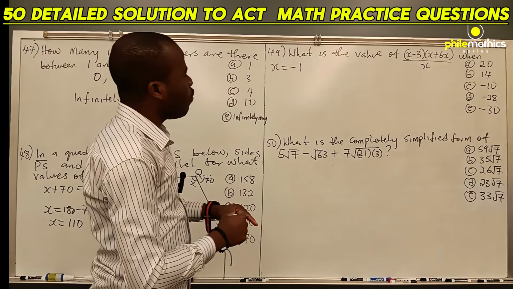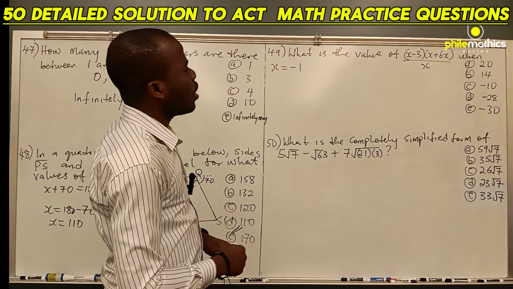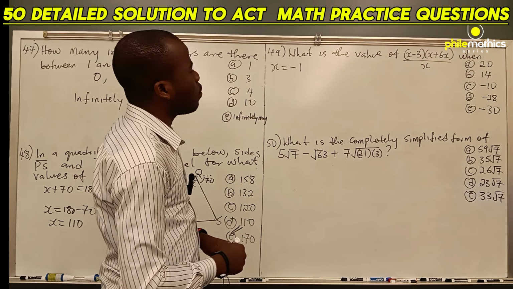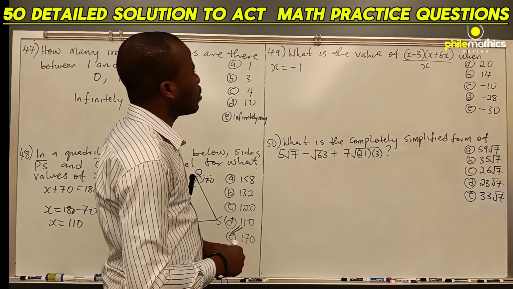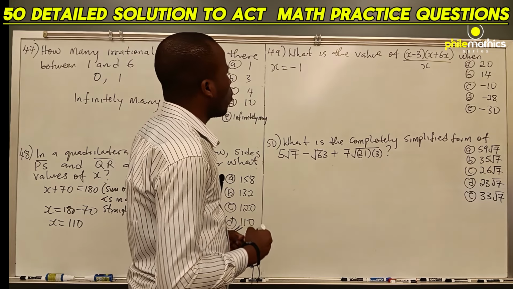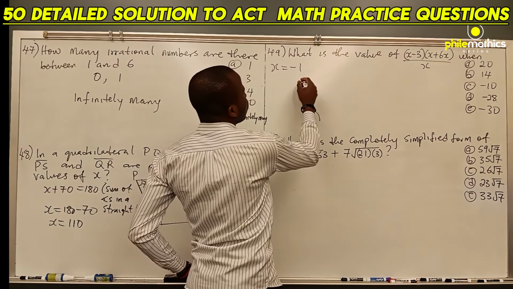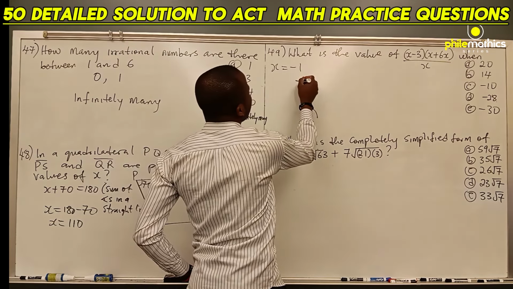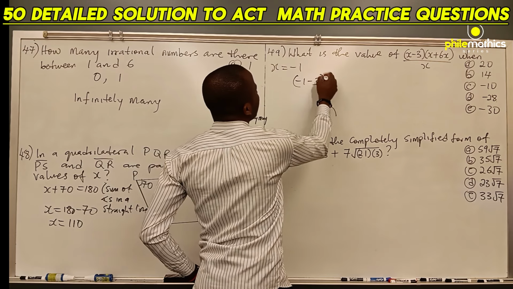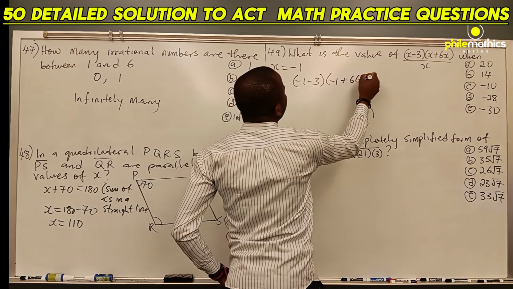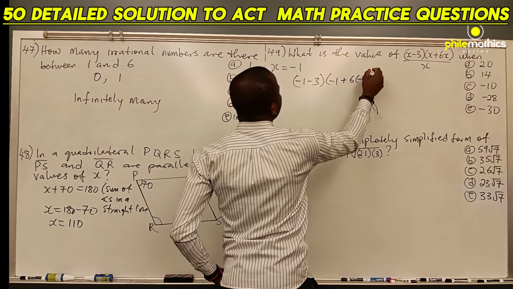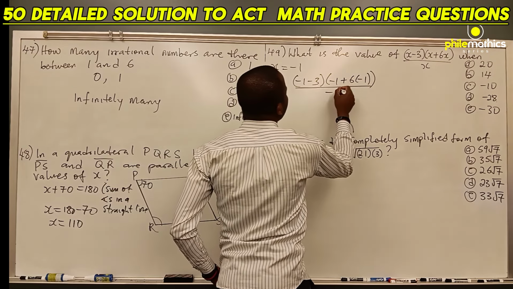What is the value of x minus 3 times x plus 6 over x when x is minus 1? So if we substitute minus 1, we'll have minus 1 minus 3 times minus 1 plus 6, over minus 1.